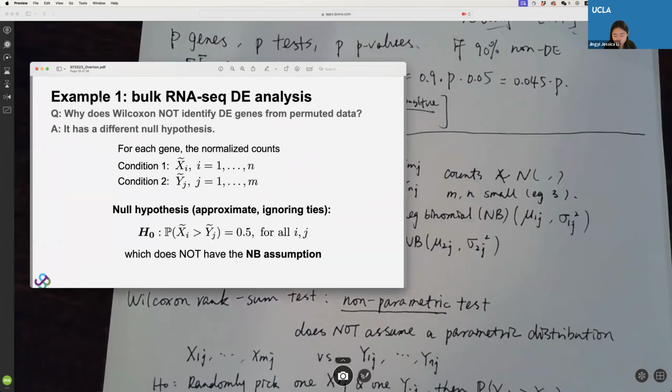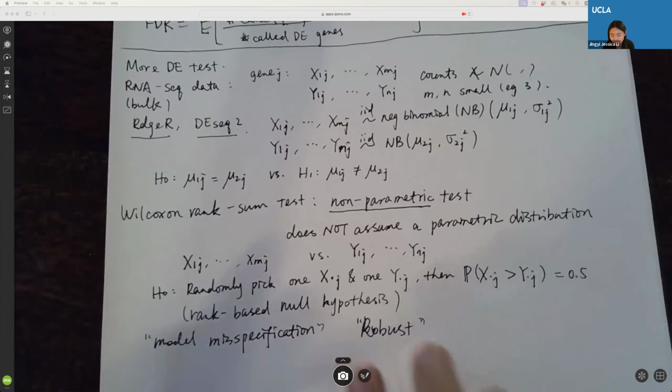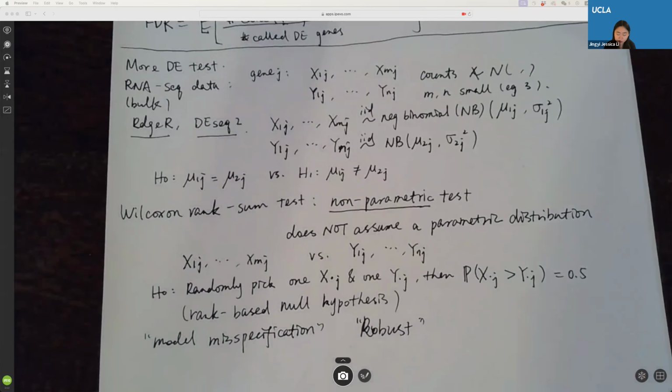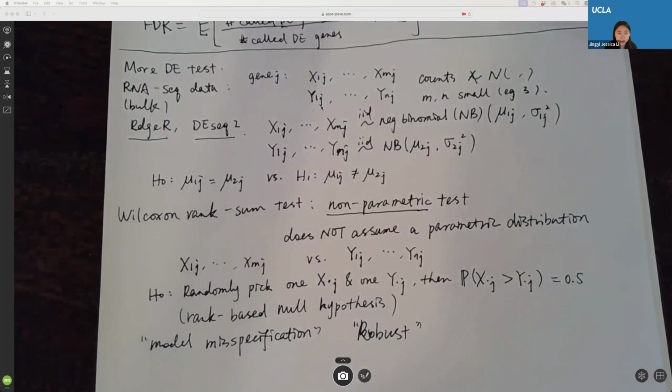So when these distributions are reasonable, but you are not assuming them, you are going with Wilcoxon for not assuming much, you lose power. That's the price you pay. And that's why for small sample size, like m equals n equals 3, you may not have any discoveries using Wilcoxon. And that's why biologists are not happy, because they want to find something from the data.